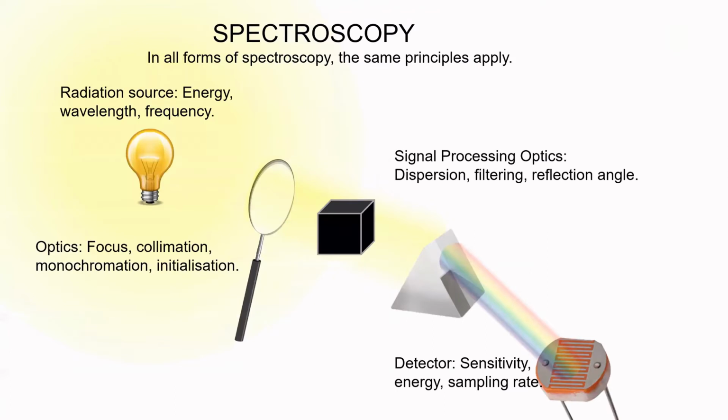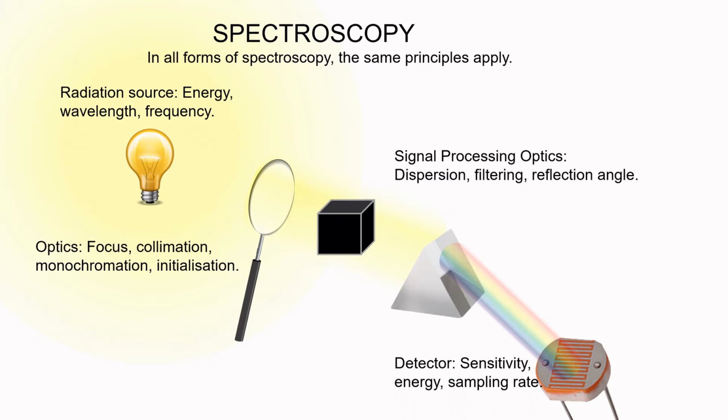Okay, so just to reiterate again, in our generic spectroscopy experiment, we have several stages. We have a stimulus, a radiation source, which is what we're focusing on here. You might expect to have some kind of optics to collimate or monochromate or filter and focus the light or the radiation. You obviously have your sample.